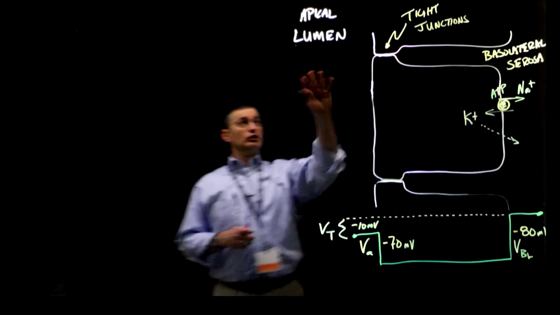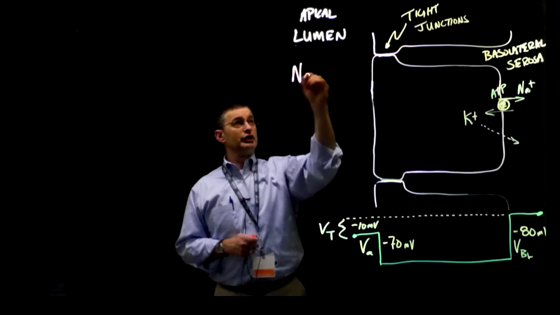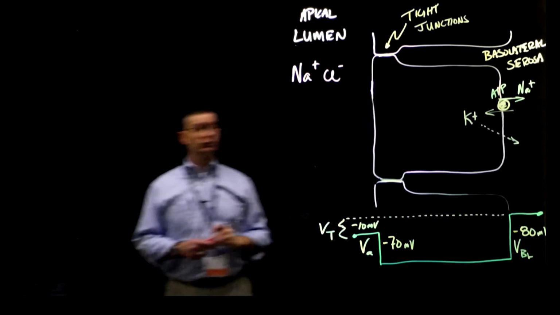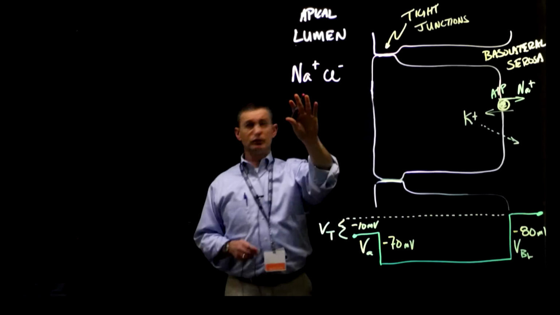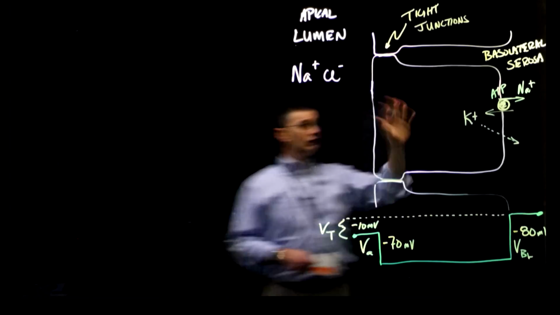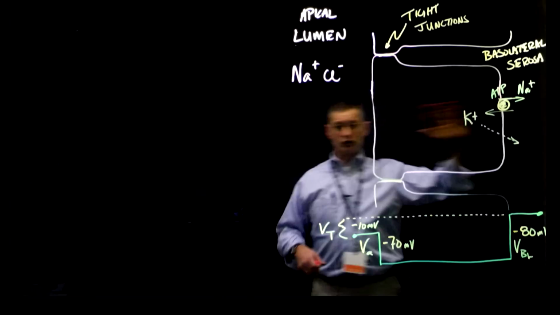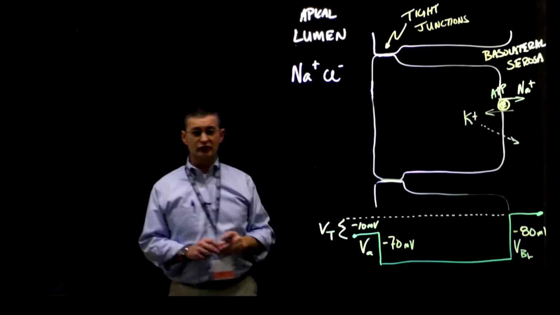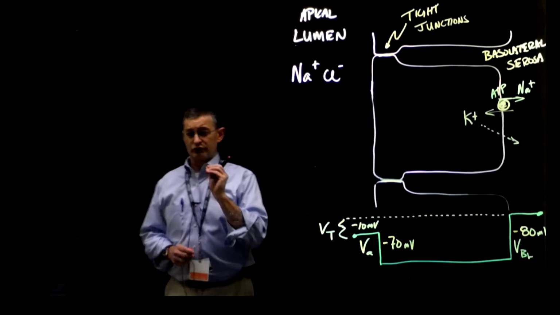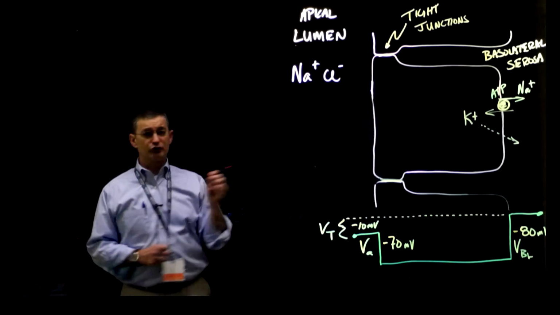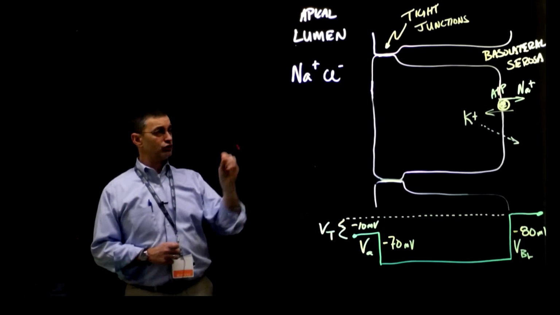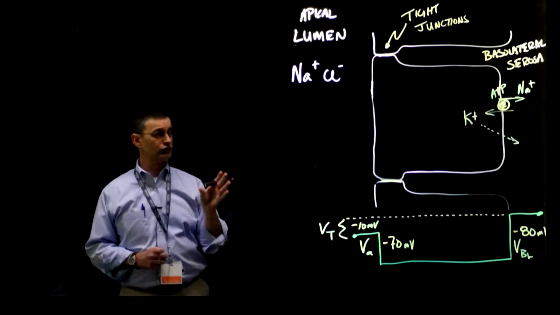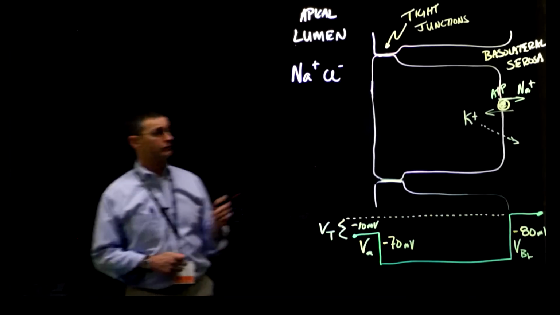On the luminal side, we have sodium and chloride in solution, and we want to reabsorb or move sodium and chloride from the apical, luminal side across into the basolateral area of the serosa. This is an example of transepithelial transport, and this particular cell type occurs in the collecting duct of the nephron.